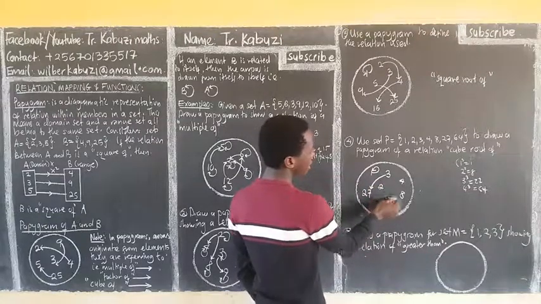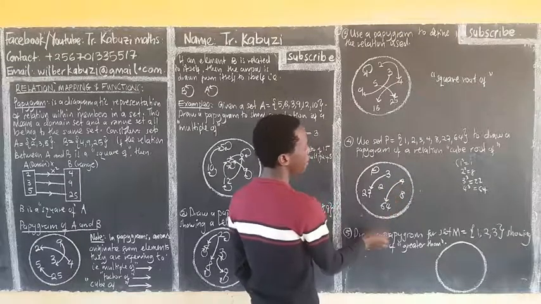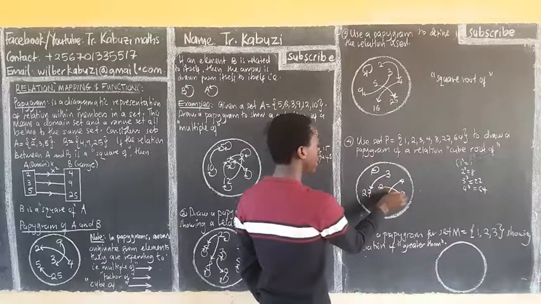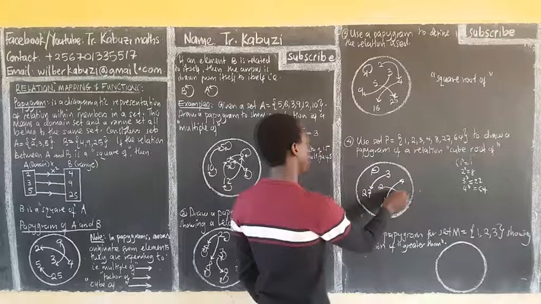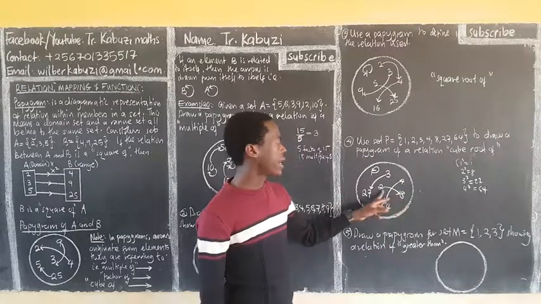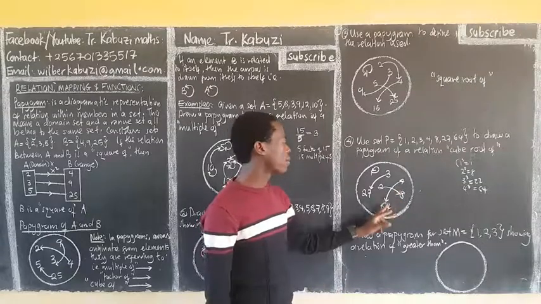Then 4 is the cube root of 64. And 2 is the cube root of 8. Why? When I get the cube root of 8, I get 2. So 2 is the cube root of 8. 4 is the cube root of this.